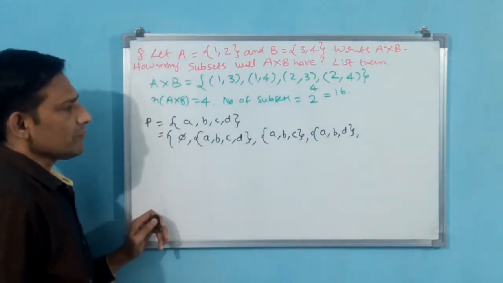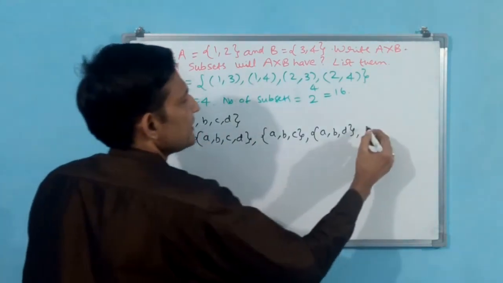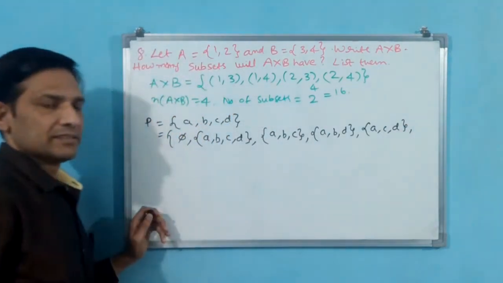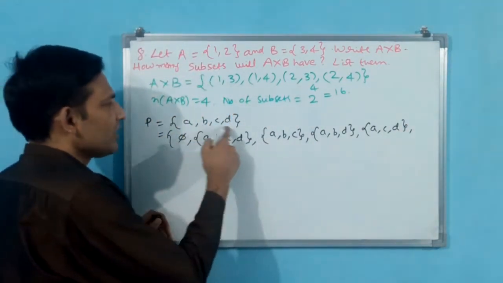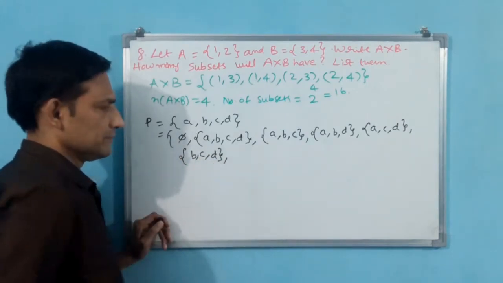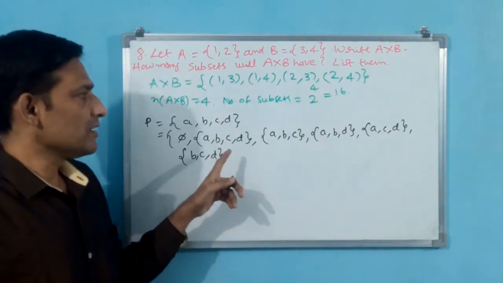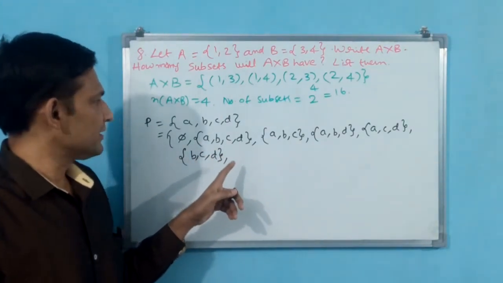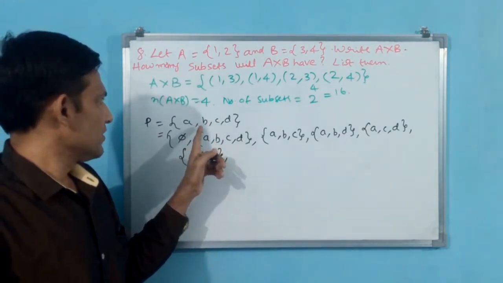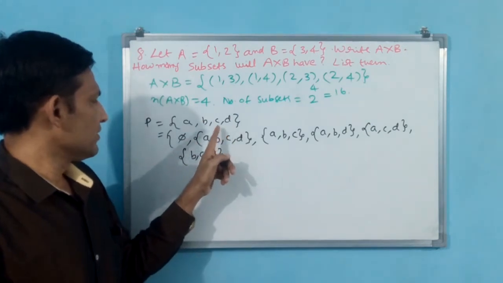Then A, C, D also there. Then B, C, D also one set is there. Anything else for 3 sets? A, B, C, A, C, D, A, B, D, B, C, D.